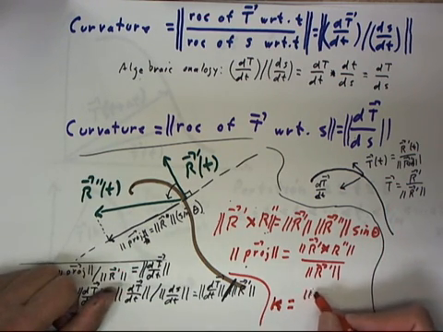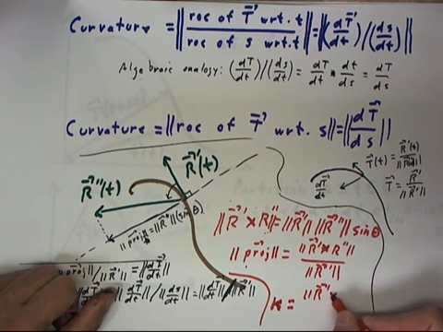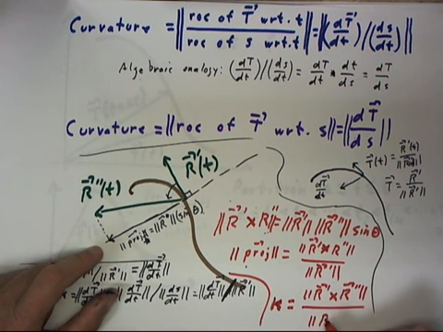It's going to equal then the magnitude of r prime cross r double prime divided by the magnitude of r prime cubed.